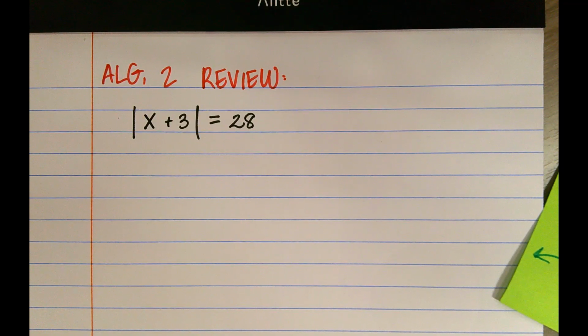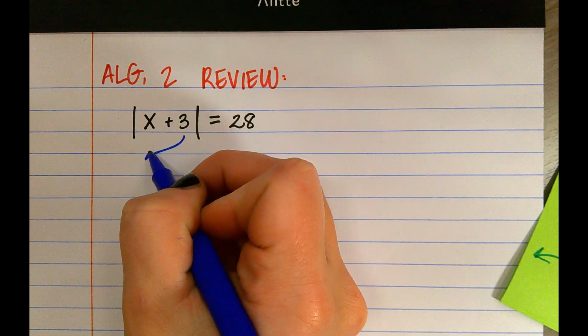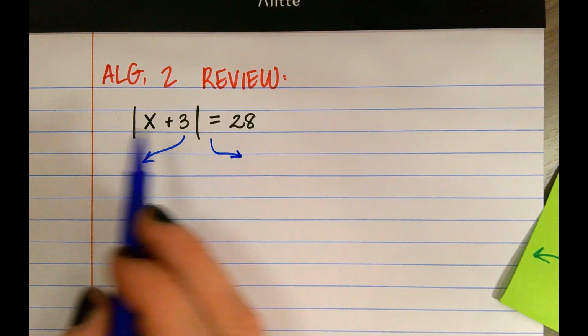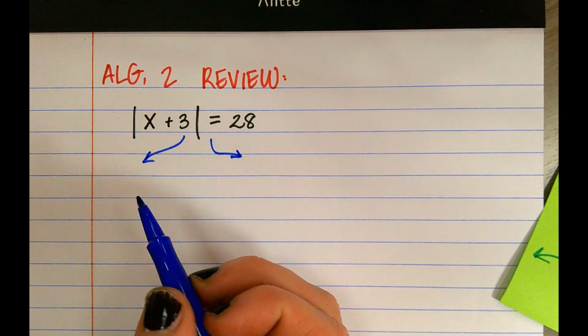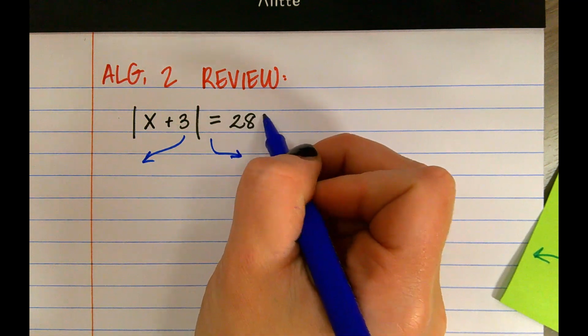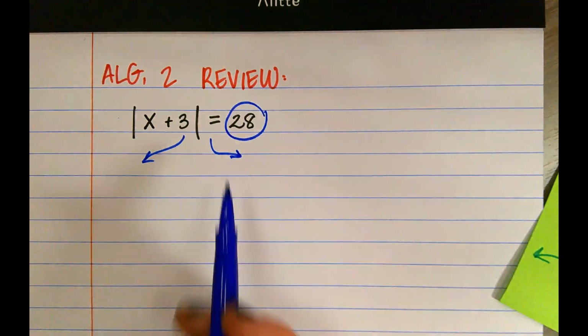We do something special with absolute value equations. Yes, we need to split it into 2 equations. Once we've done that, then you will be 100% correct. And what's going to be the difference in the 2 equations? The sign of the answer, the 28.